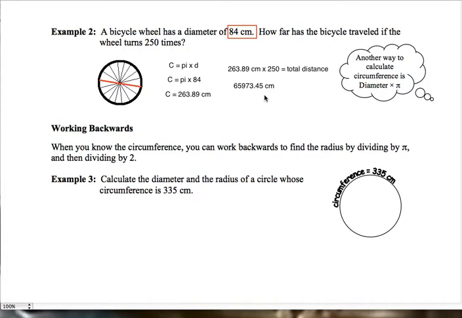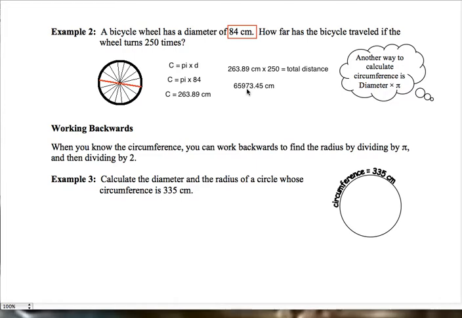But if you think of it, this is actually the correct answer, and if you wanted to at this point, you could put a circle around this. But if you're saying to yourself, well, practically speaking, in real life, I would never say how far I'd travel, like if I was biking to the store, I'd never say, well, I biked 65,000 centimeters. No, I'd turn it into some kind of unit that would be more useful.